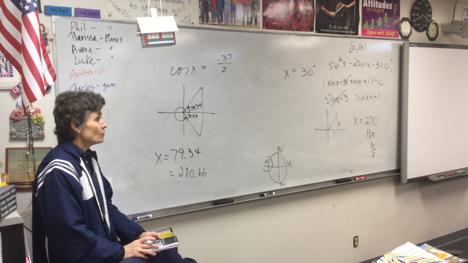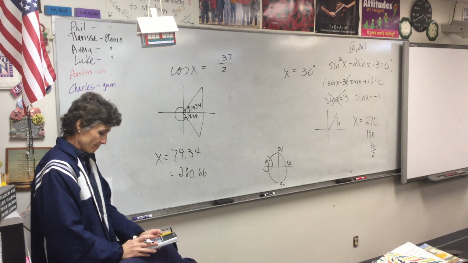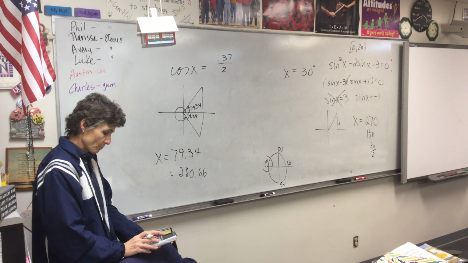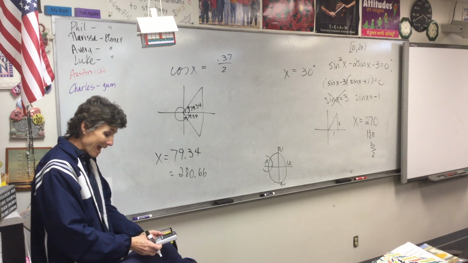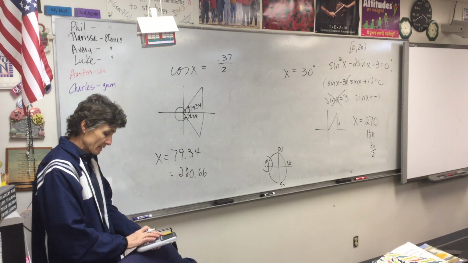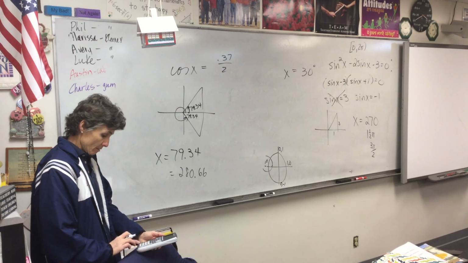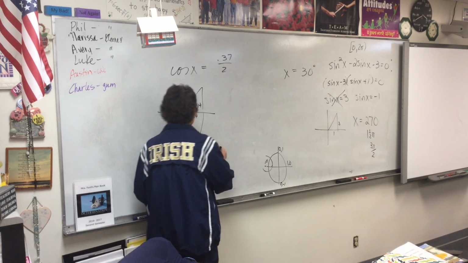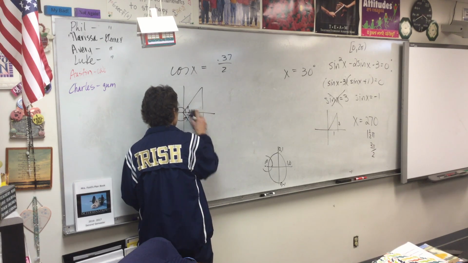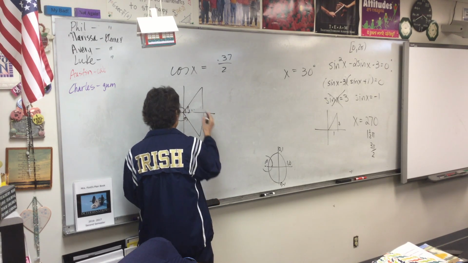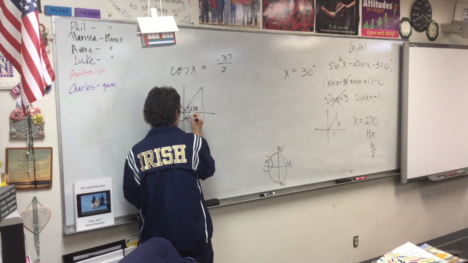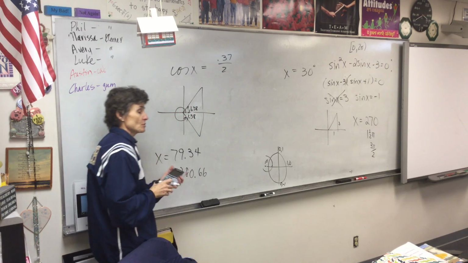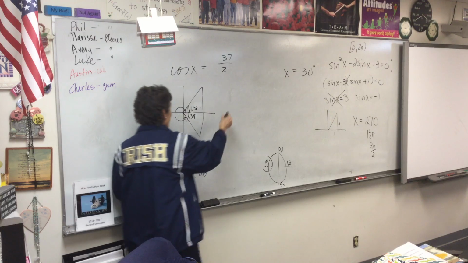Now, let's do the same problem in radians. So we're going to change our calculator to radians. We're going to type exactly the same buttons, right? Second cosine 0.37 divided by 2. But this time, instead of getting these 7 nines, I get 1.38. So what would be my answers in radians? 1.38.